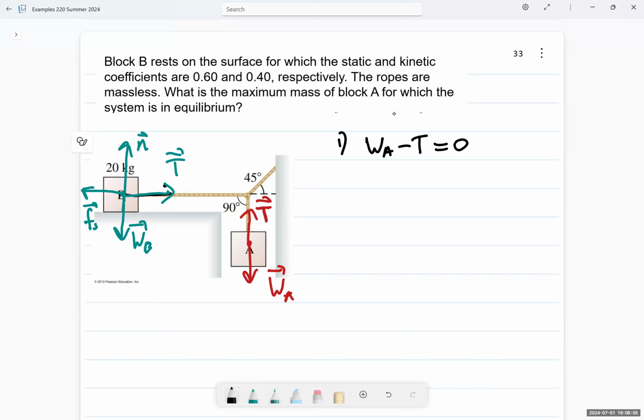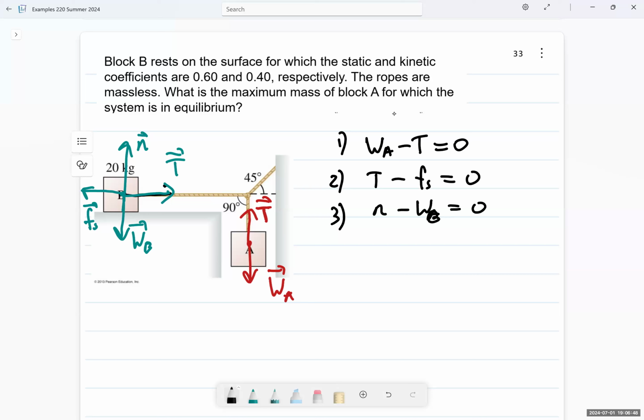So equation 2 is the horizontal forces for B: tension minus static friction equals 0. They cancel each other. Same way, equation 3 is the vertical forces acting on B: normal force minus WA equals 0. Oh, sorry, WB. So this will be our equation.